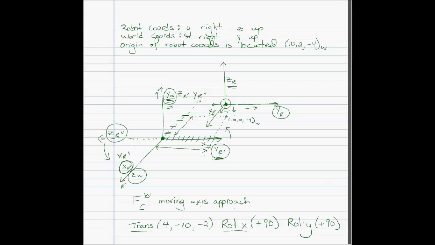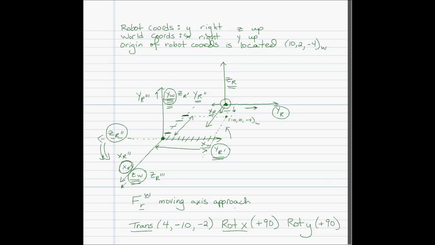Right? And once I've done that, my y will stay the same, so let's call it triple prime now. Y sub robot triple prime stays the same. My z sub robot double prime rotates into the z sub robot triple prime over here, which lines up with z sub world, so I'm happy about that.